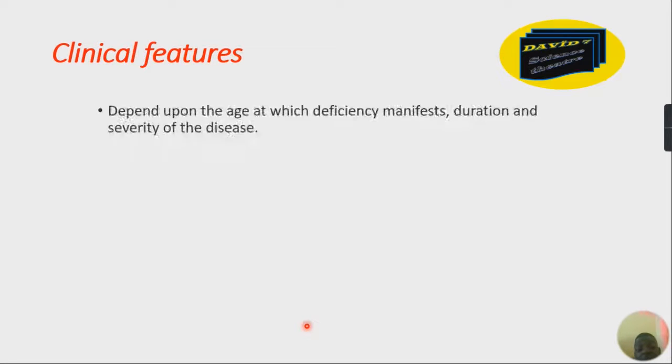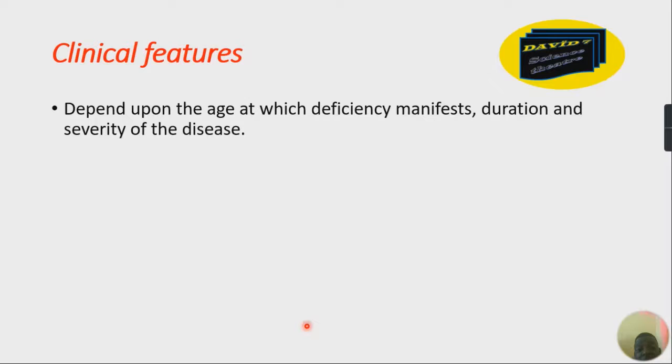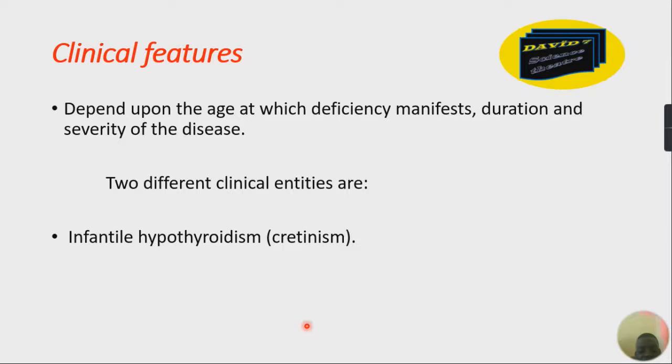Clinical features of hypothyroidism. Depending upon the age at which deficiency manifests, and the duration and severity of the disease, there are two different clinical entities in hypothyroidism. We have hypothyroidism of the infants, call it cretinism, all right? And we also have hypothyroidism in adults, we call it myxoedema.